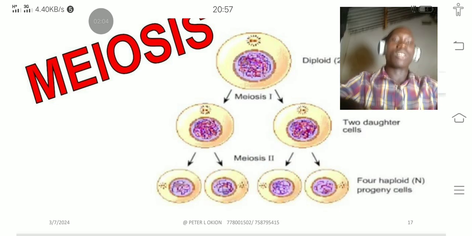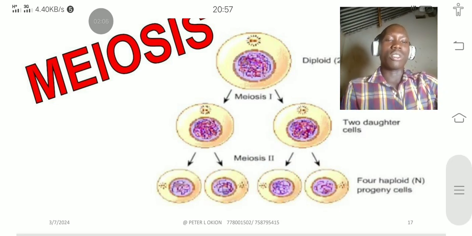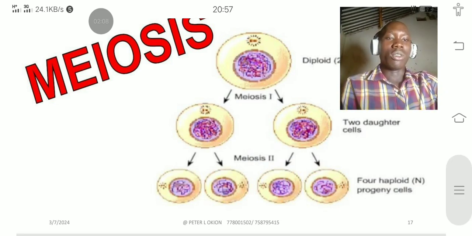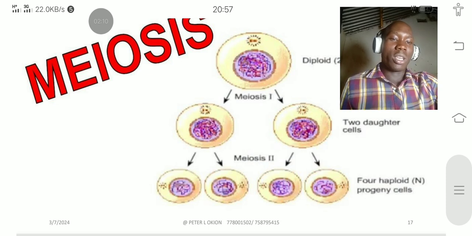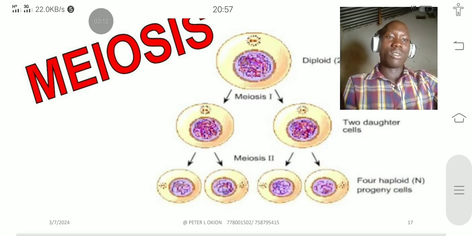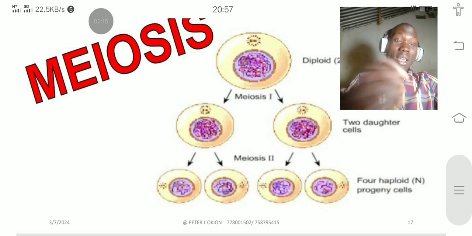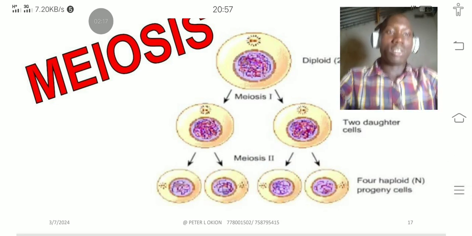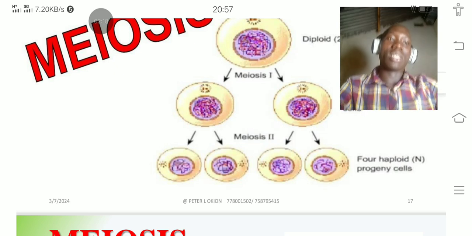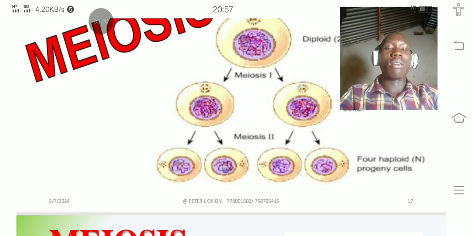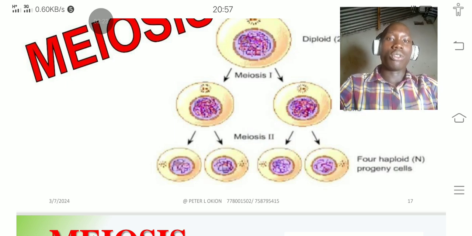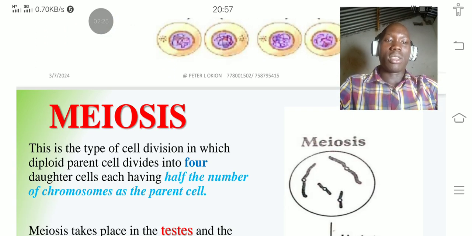The 2 daughter cells undergo meiosis 2 and form 4 haploid, that is N, progeny cells. After the second meiotic division, it forms the 4 progeny cells, each having half the number of chromosomes as that of the parent.